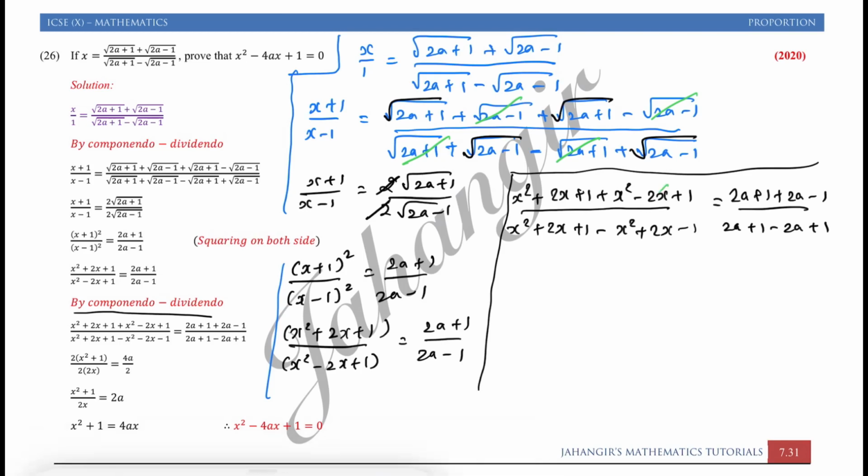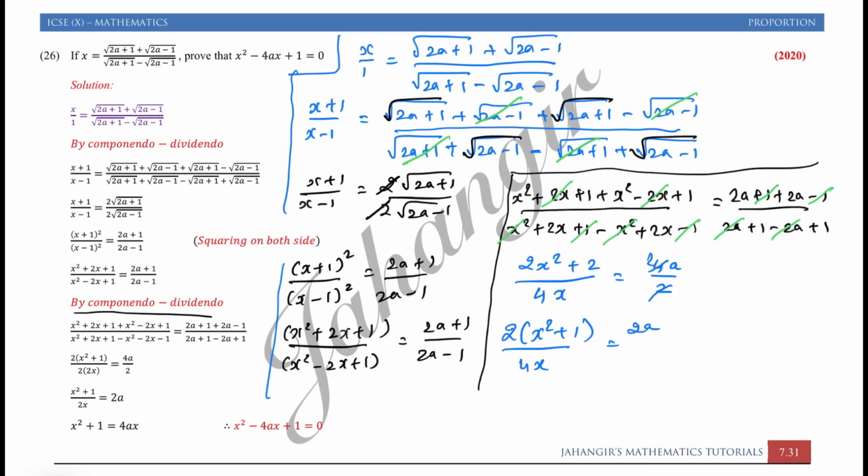So cancelling terms, 2x and 2x will get cancelled, x square and x square will get cancelled, plus 1 and minus 1 will get cancelled, 2a and 2a will get cancelled. Whatever is left, let's write down. 2x square plus 2 upon 4x is equal to 2a plus 2a is 4a upon 2. Taking out 2 common, x square plus 1 upon 4x is equal to 2 1s are 2, 2 2s are 4, that is 2a.